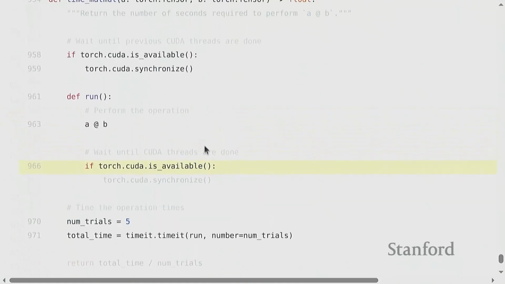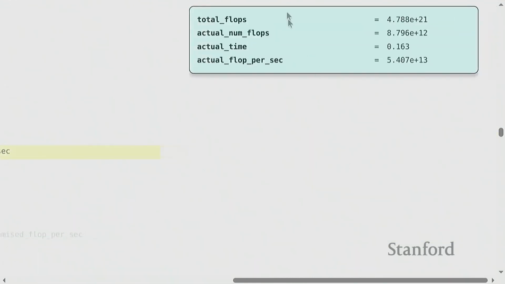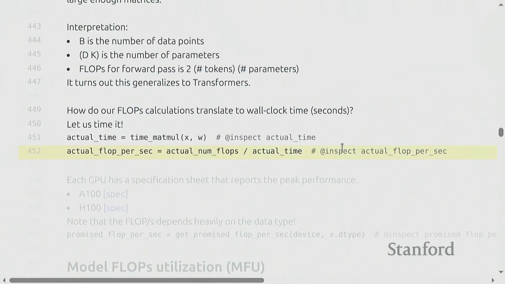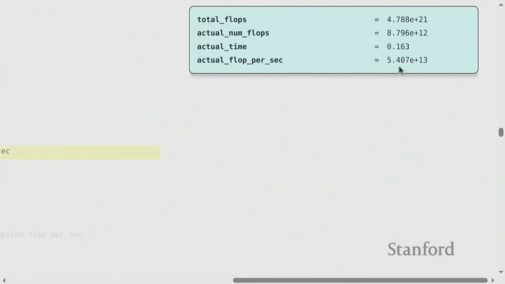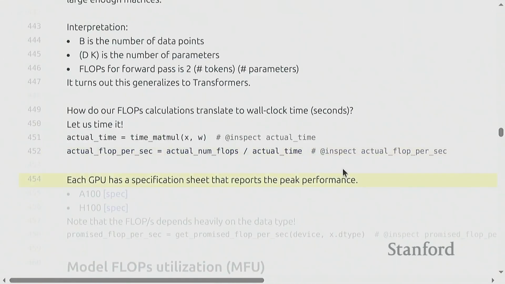We'll talk a little bit later, 2 weeks from now, about why the other code is here. But for now, we get an actual time. So that matrix multiply took 0.16 seconds. And the actual flops per second, which is how many flops it did per second, is 5.4 E13. Okay? So now you can compare this with the marketing materials for the A100 and H100.